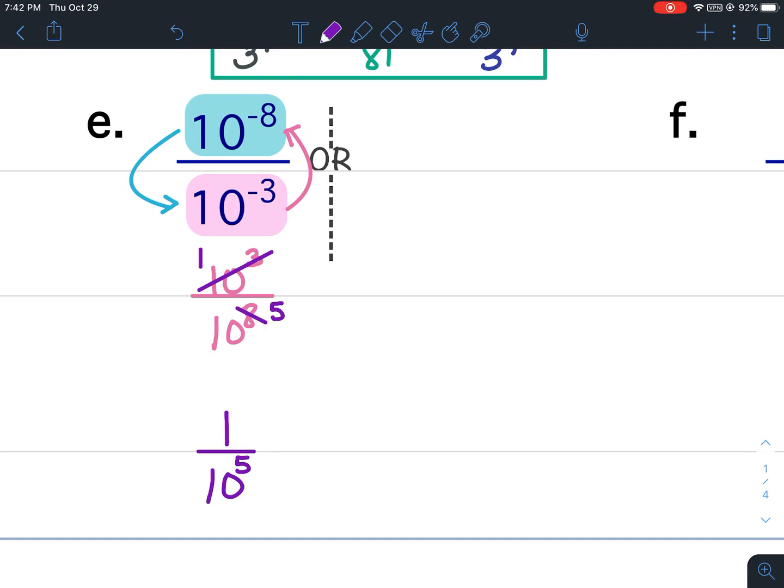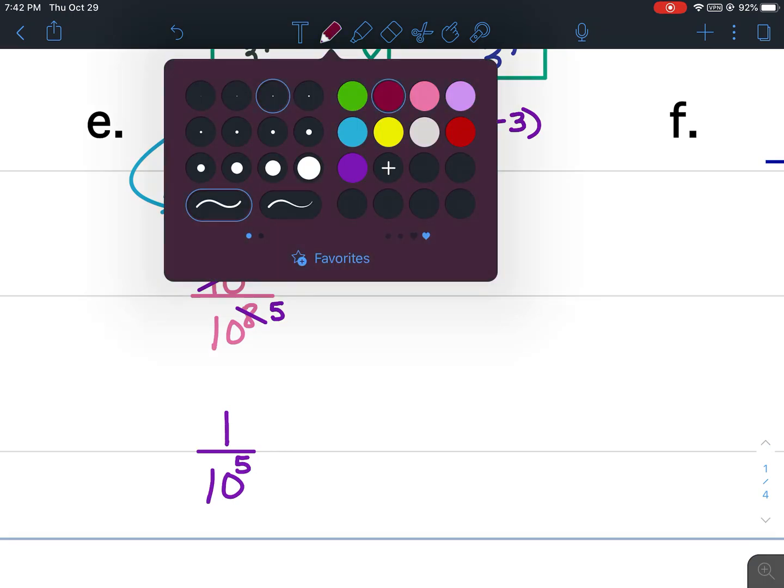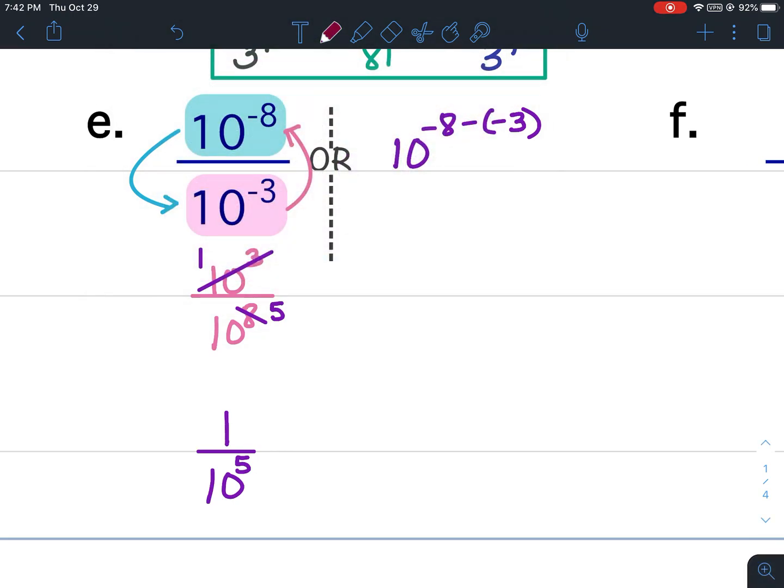Now if I did this the other way, this would be 10 to the negative 8 minus negative 3. If you remember back when we did integers, minus a negative becomes positive, so that'd be negative 8 plus 3. Negative 8 plus 3 would be negative 5. So this would be 10 to the negative 5.